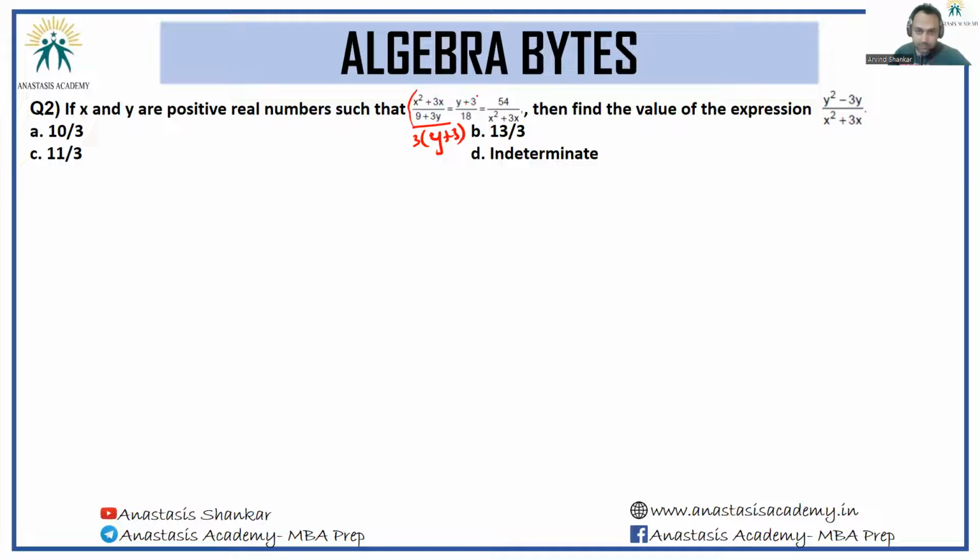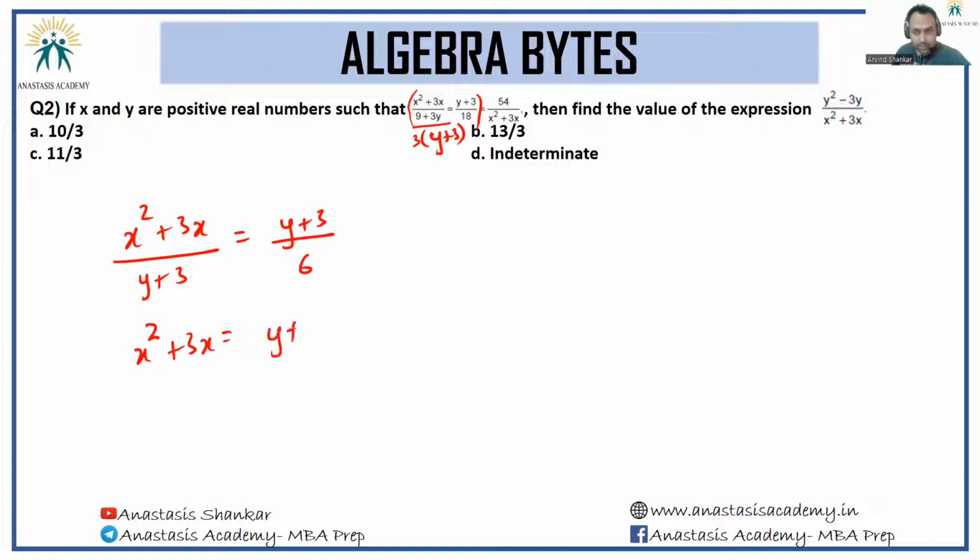So I'm just taking the first two portions: (x square plus 3x) by (y plus 3) is equal to (y plus 3) by 6. I'm cancelling out the 3's from there. Or x square plus 3x is equal to (y plus 3) whole square by 6. I know this much.